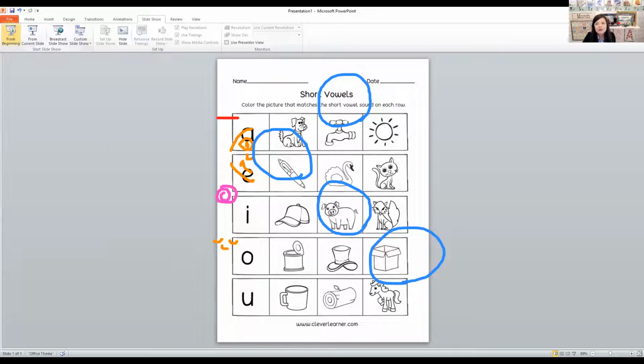Last one. Do you remember my friend U? My friend U ate too many sweet treats and now has a tummy ache. U says ugh. What sound do you hear in the middle of these words? Cup, log, horse.